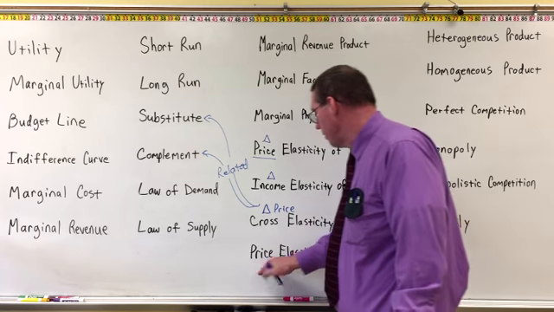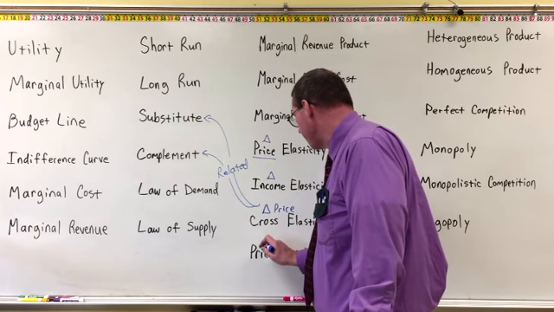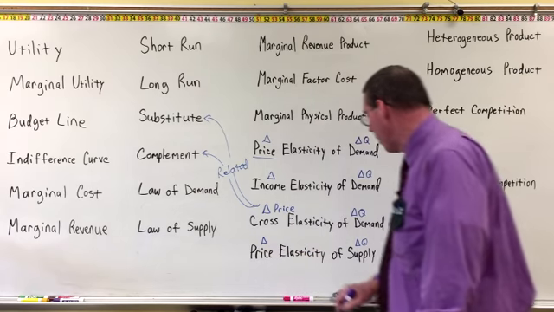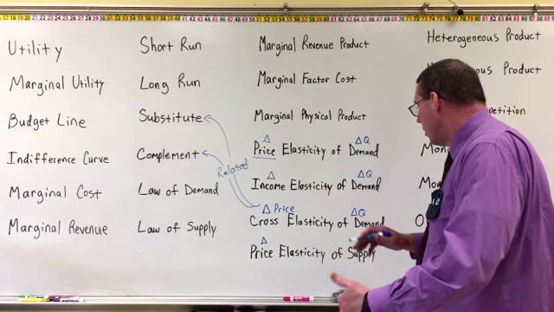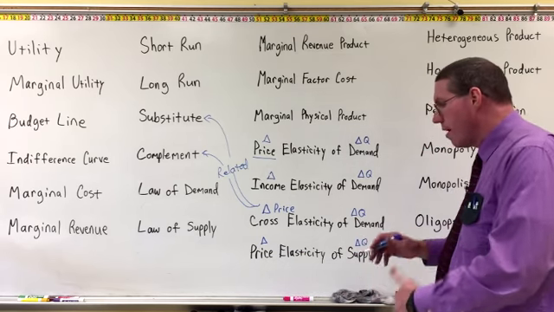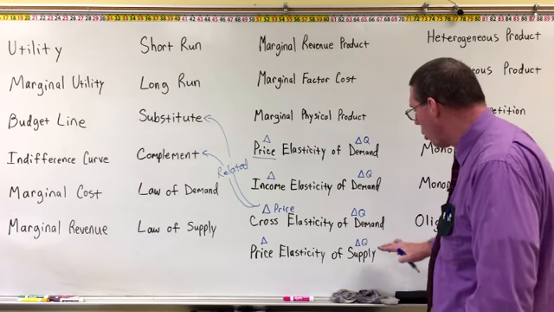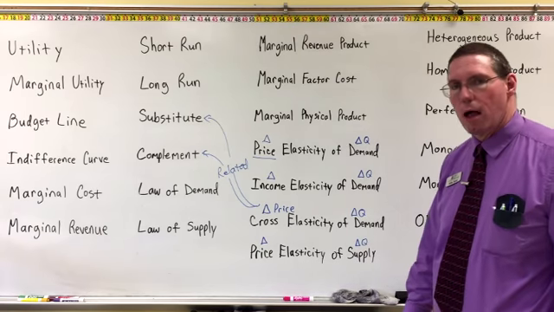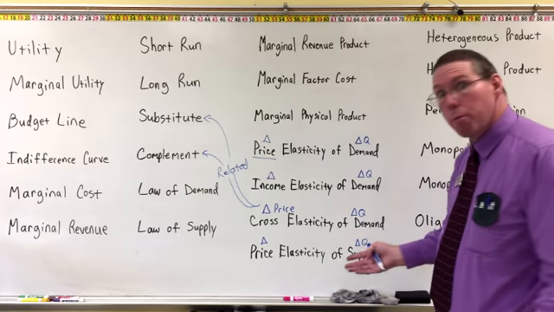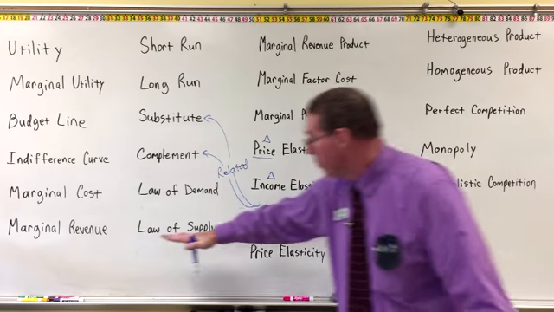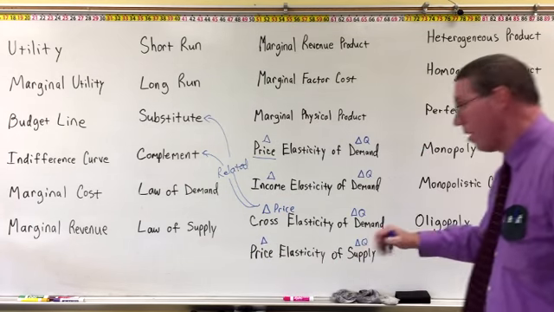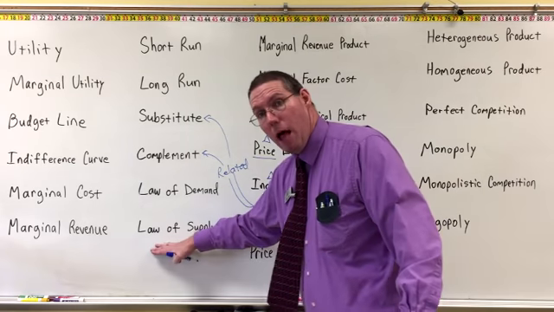And then lastly here, what if there's a change in price? How sensitive or how capable are we of changing our quantity supplied? If the price goes up, can we produce more? Because there's a positive relationship between price and quantity supplied. That's the law of supply.